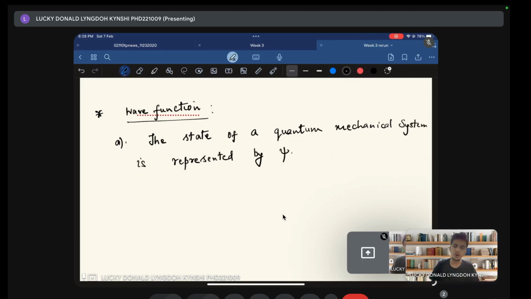That means the state of a quantum mechanical system is usually described by this wave function psi.